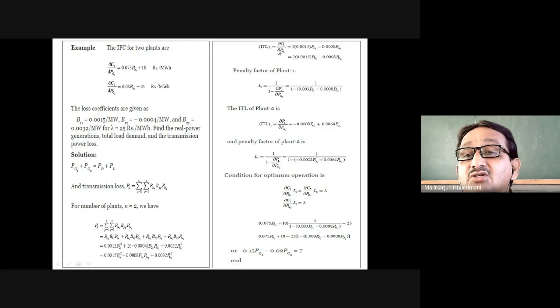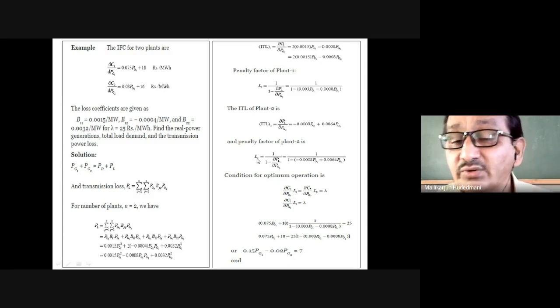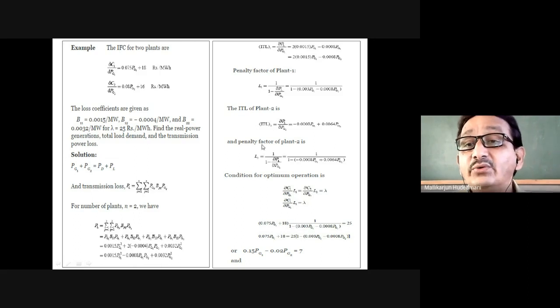That is the partial differentiation of the equation PL with respect to PG1, PG2. So that will lead me further to L1, L2, which will be used for my computation. For that, I will take the differentiation of this equation PL with respect to PG1 once. Let's see, it's being taken.